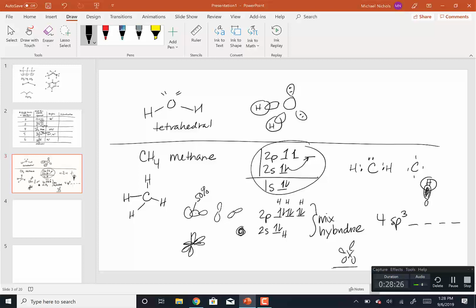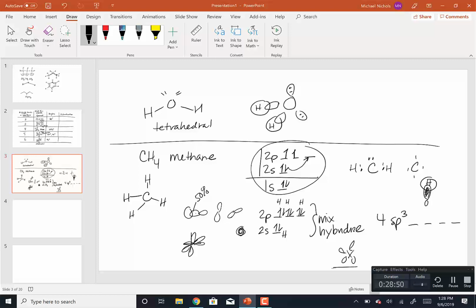So going to the excited state gives me 4 bonds. Hybridizing gets me 4 identical bonds, and 4 stronger bonds. So why do we hybridize? Because it gives us stronger bonds and it makes the molecule more stable.